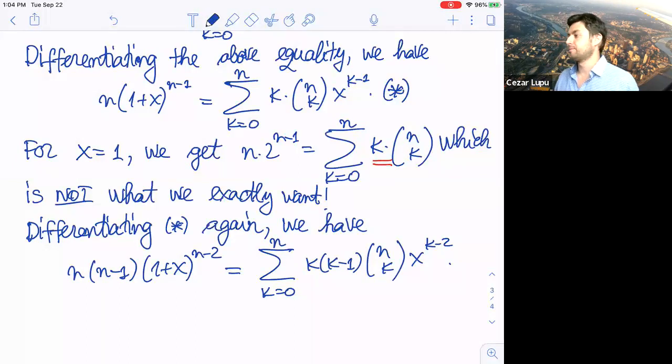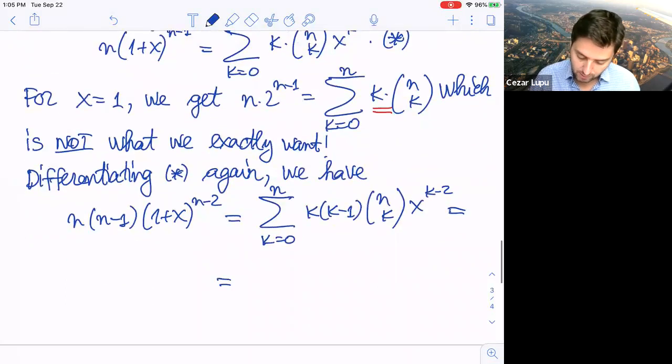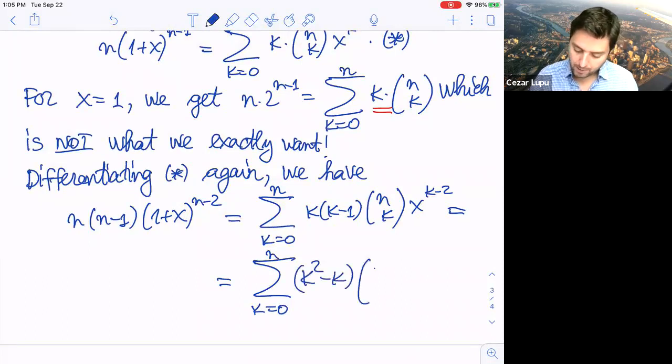And this guy is nothing else than the sum of (k squared minus k) times n choose k x to the k minus 2.